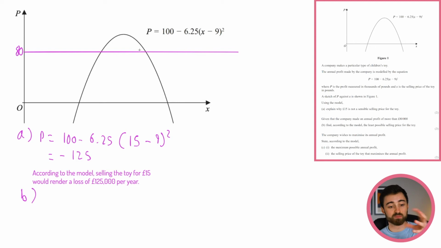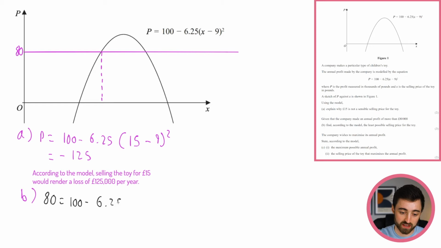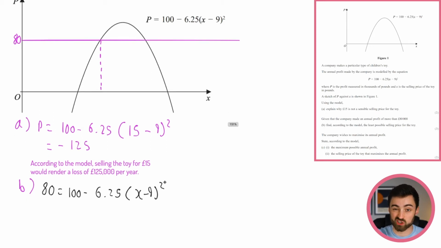So what would be the smallest value of the price which would give me a profit of at least 80 grand? Well, it would be this one here, because this is the leftmost X value. So how am I going to work this out? Maths, right? Because this is a Y value or a P value of 80. I can just set it equal to this and see what I get. So 80 equals 100 minus 6.25 times X minus 9 squared, and I can just solve this equation.